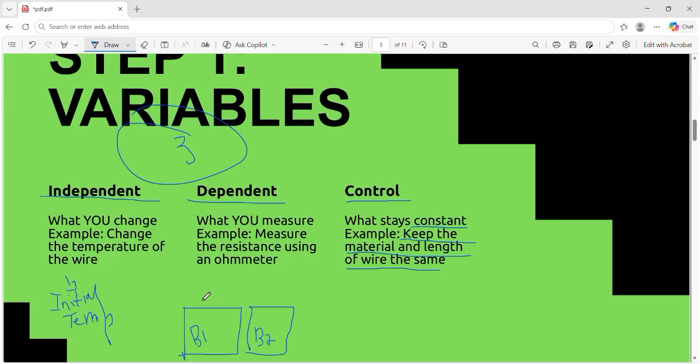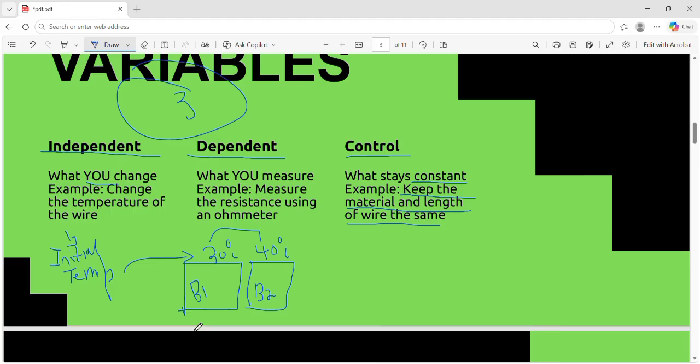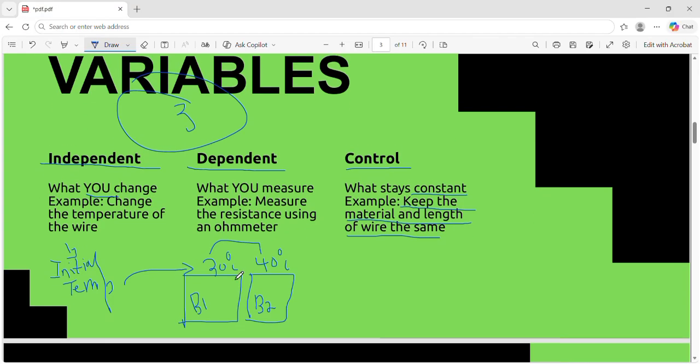Maybe this has 30 degrees and this has 40 degrees initial temperature. Both of them are different, right? So in beaker 1 you took 30 and in beaker 2 you took 40, so you're changing it. That's your independent variable.